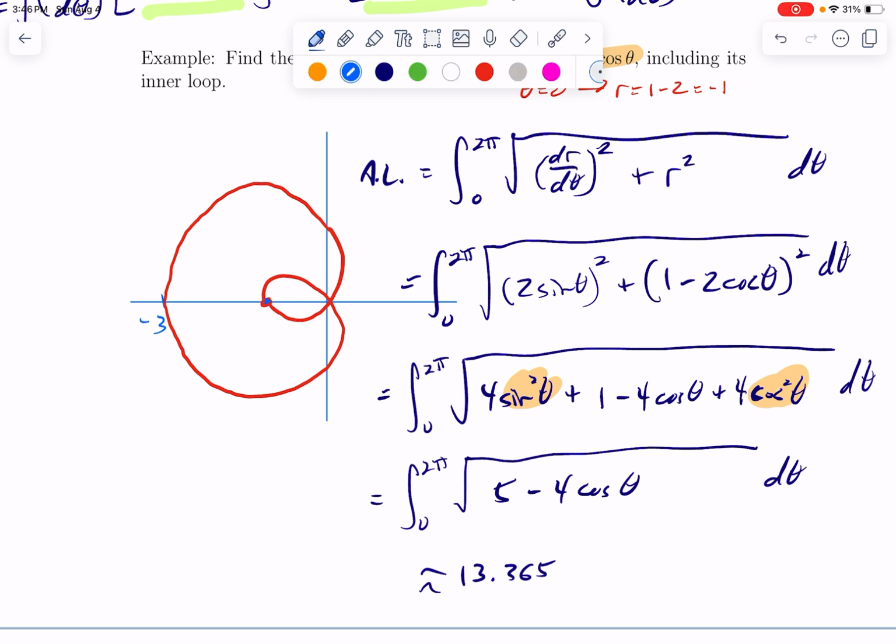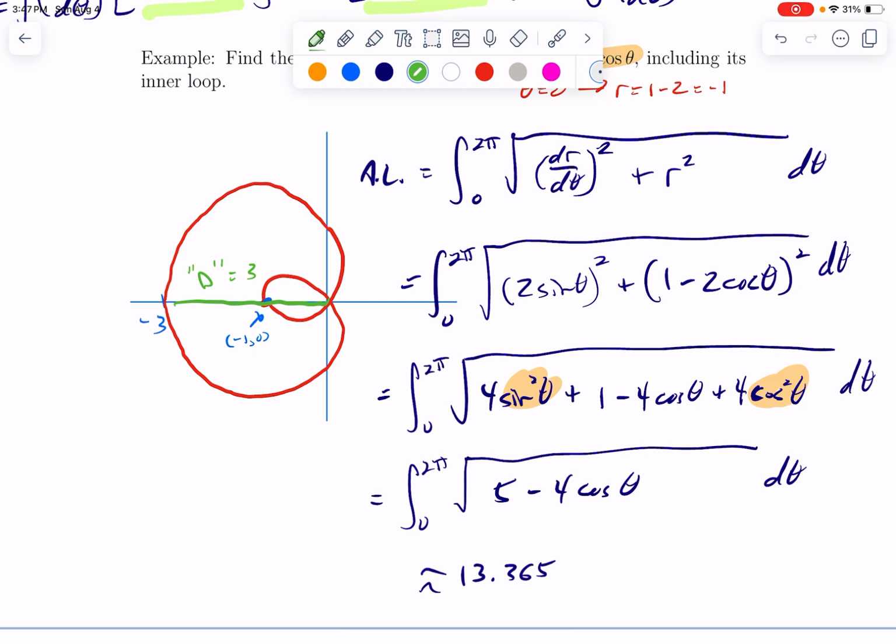This point right here is at (-1, 0). So this is traveling 1 unit in a curved way. This is traveling 1 unit in a curved way. Just this inner loop is probably around 3. And then for the rest, the rest is kind of like a circle that has a diameter, not really a diameter, I'm cheating and putting it in quotes, of roughly 3.